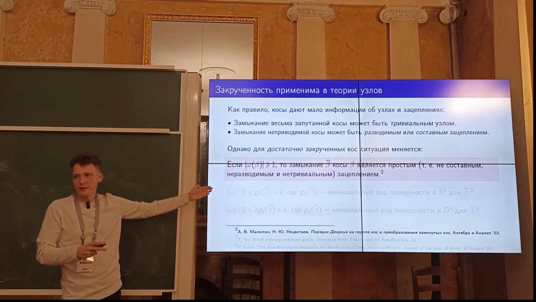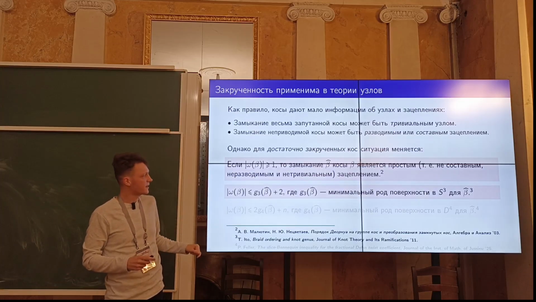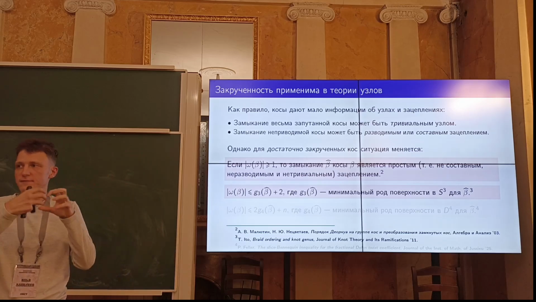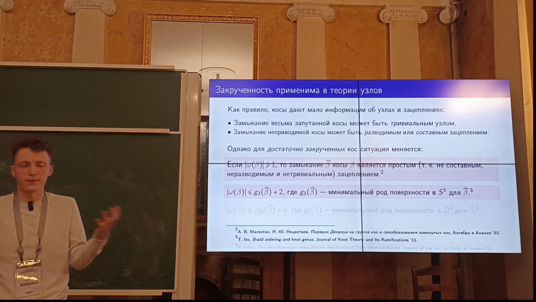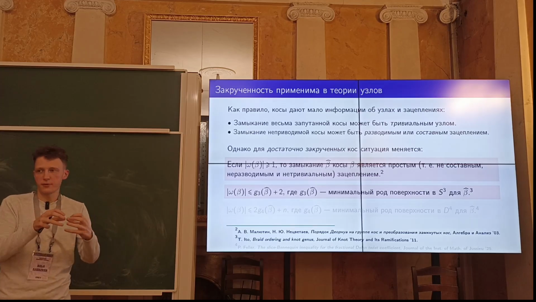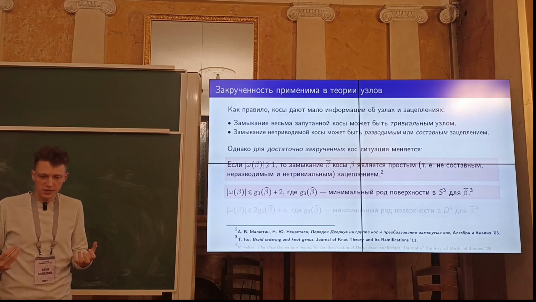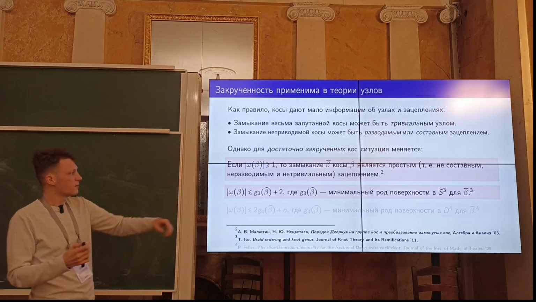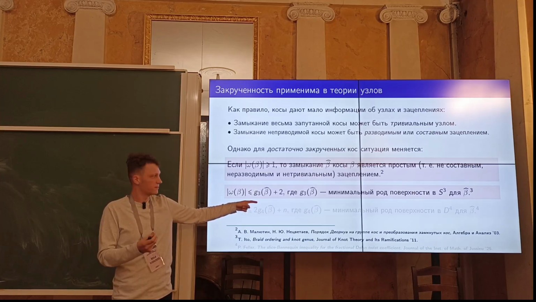Okay, then I will present a generalization by Tetsuo Ito that states that, moreover, for sufficiently twisted braids you not only obtain non-trivial links or prime links, but the closure is sufficiently complicated in the topological sense, say relative to the genus of the Seifert surface.